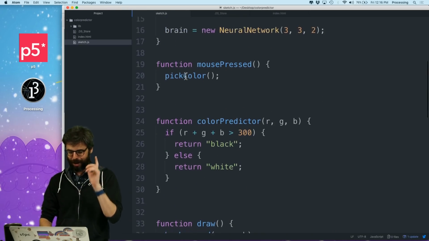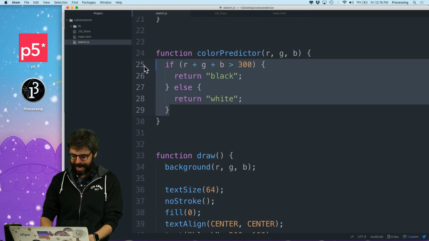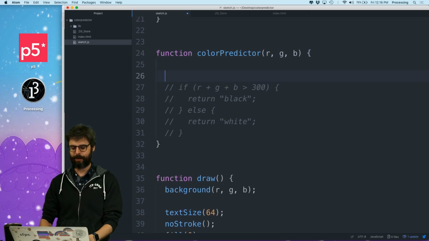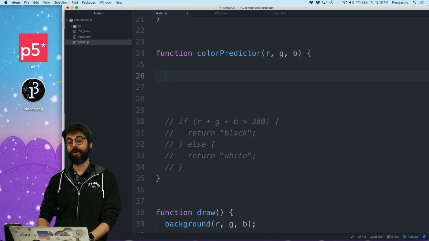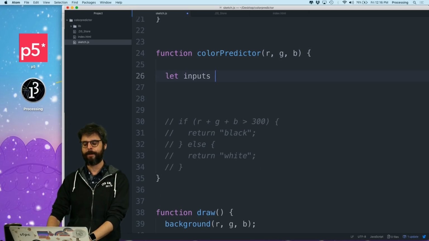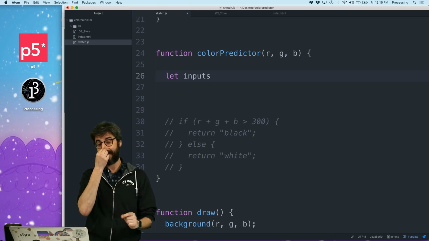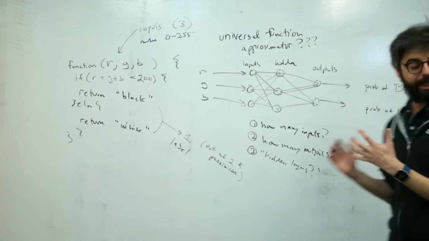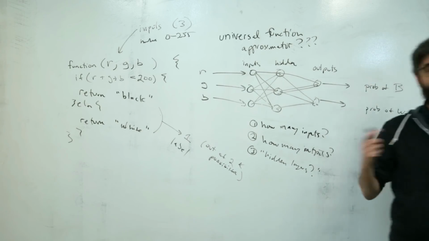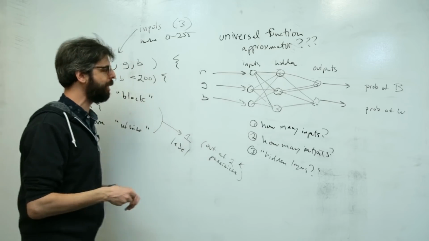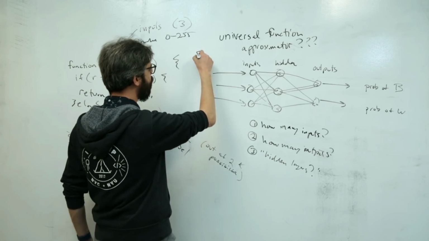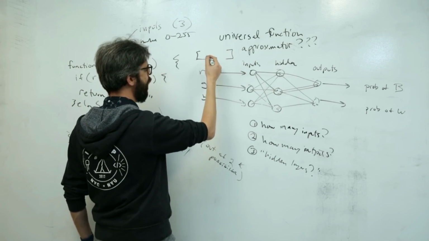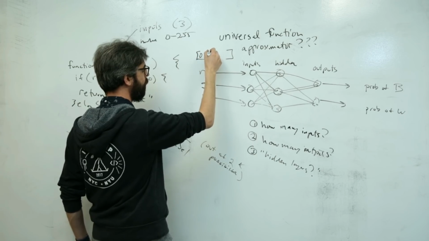Now what I want to do though is I'm going to comment this out. First, I need to make some inputs. So the neural network library expects as inputs, right? My library expects, and this is pretty typical of any kind of machine learning based library that you might use, it expects the inputs to come in as an array of 3 numbers.